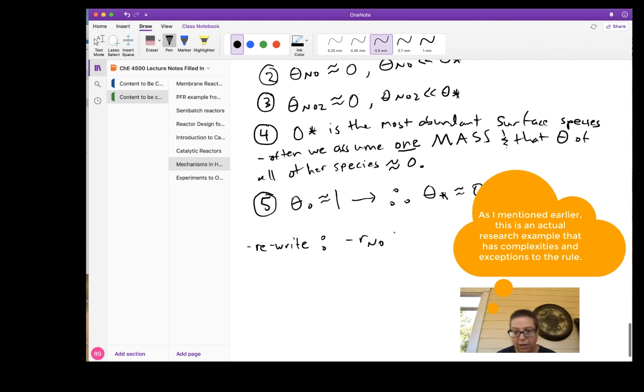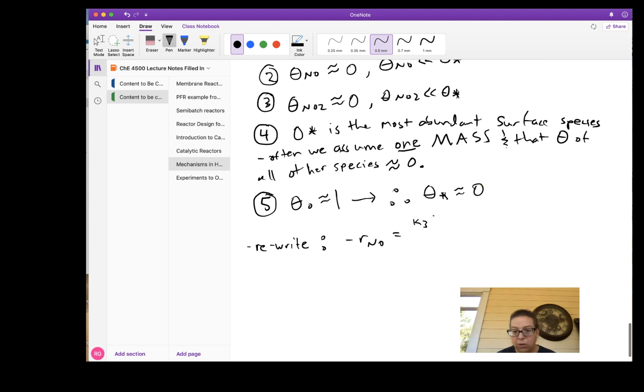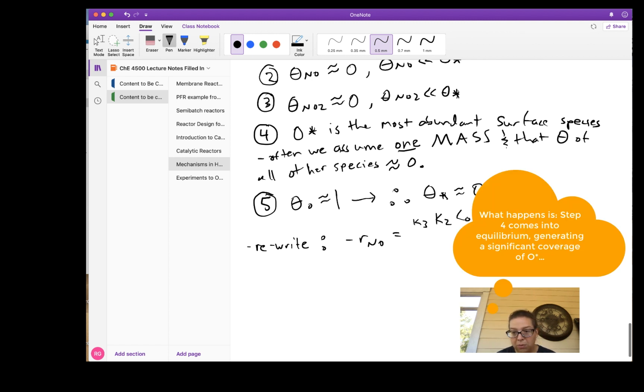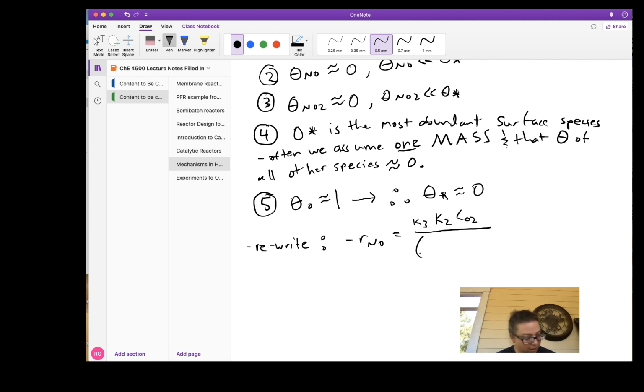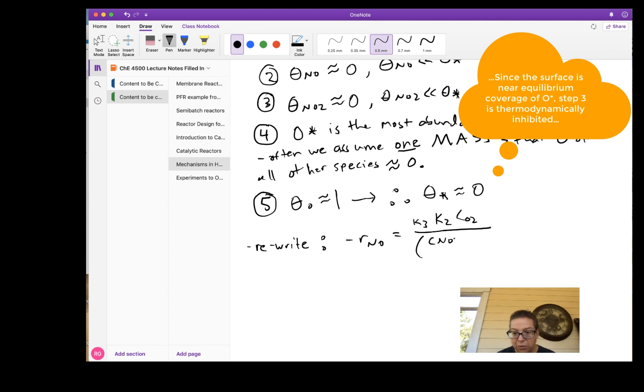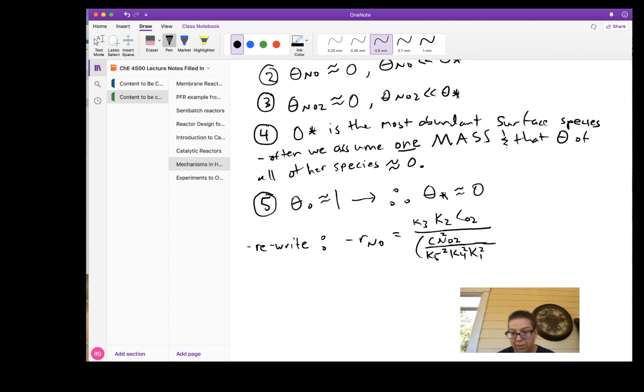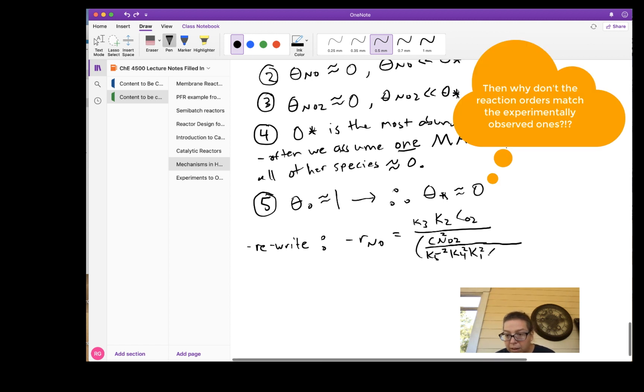The rate of consumption of NO is equal to K3, K2, CO2 divided by CNO2 squared divided by K5 squared, K4 squared, K1 squared, CNO squared.